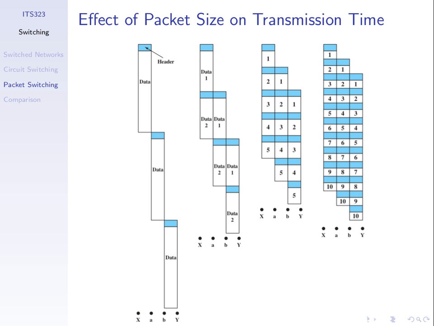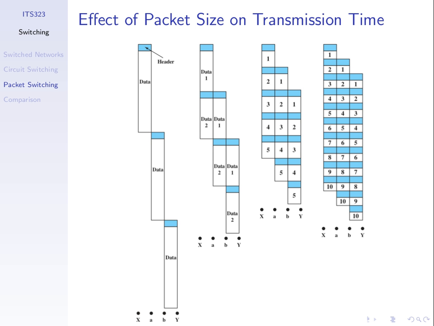I won't go through the calculations, but the next two diagrams show similar scenarios. I'll write down the numbers. The third one, if we have a packet of 100 bytes of header, so the header is still fixed, and 200 of data, which means we have 5 packets in the third case. 5 packets transmitted.